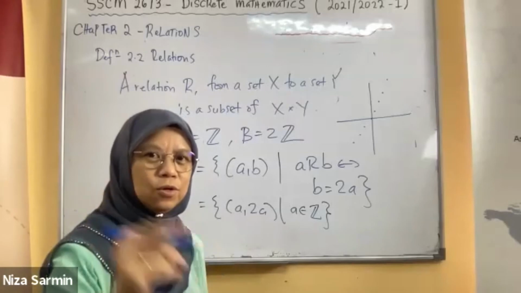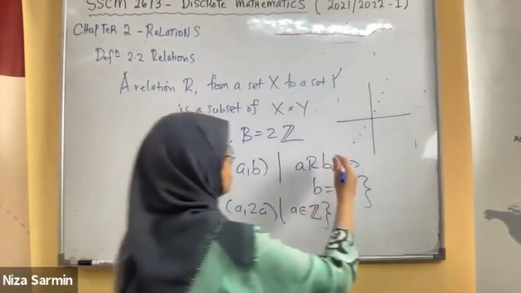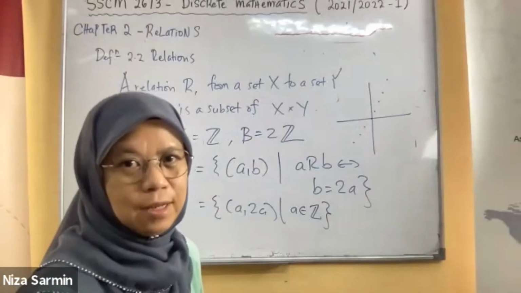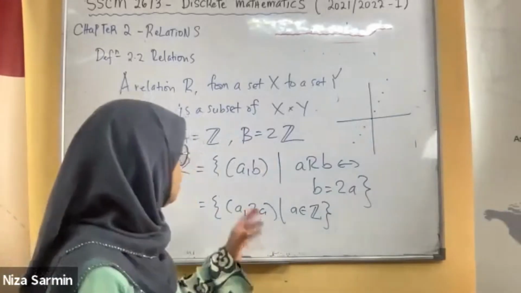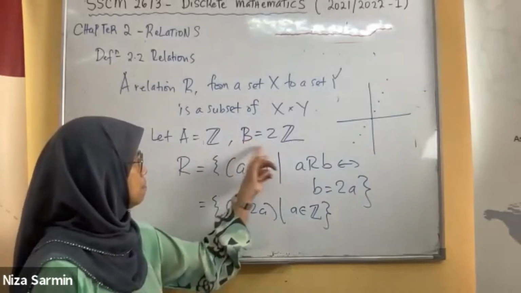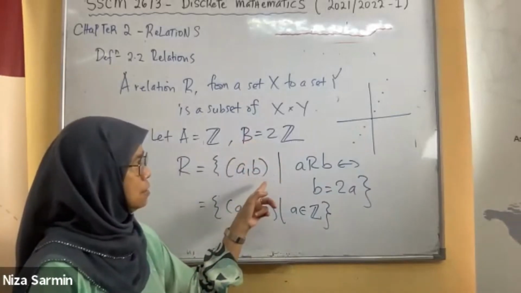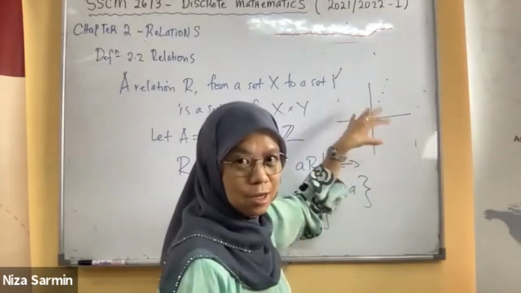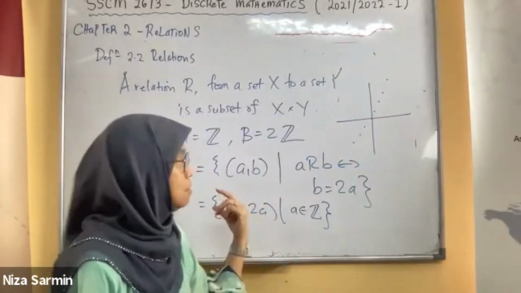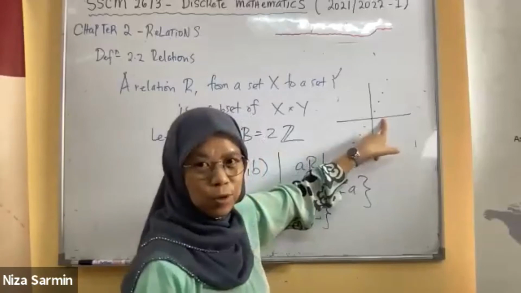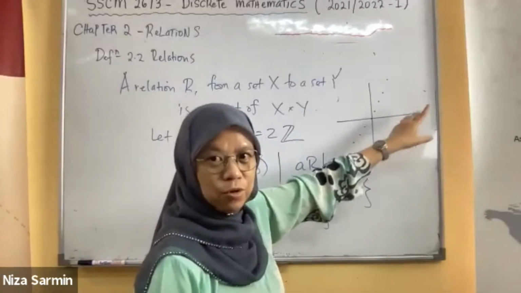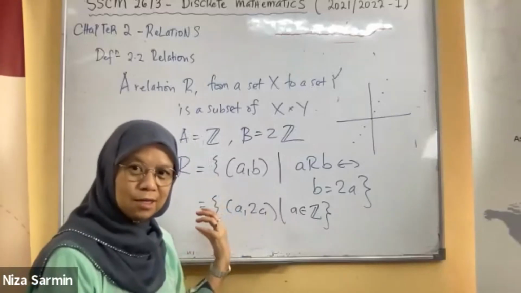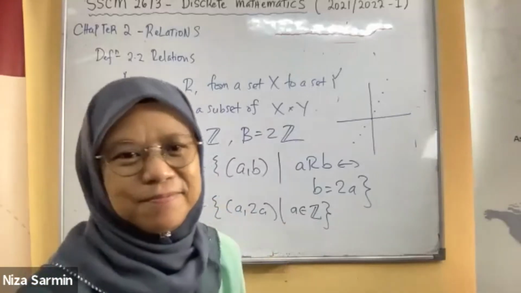So it's a dot, dot, dot, dot, and cannot stop, right? Because it's infinite, okay? And if you see the relation, you can have many other pairs, right? Which are not actually in R. For example, like 1, 1, or 3, 0, or 4, 0, they are not in R, but they are in the direct product. Okay.